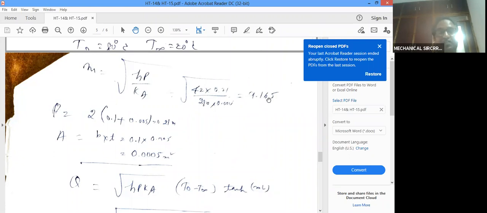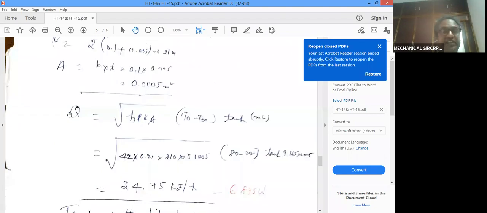Now, how do you calculate the heat transfer rate Q? Q is equal to, by using this formula, assuming the pin is insulated at the tip, square root of hPkA into (T naught minus T free stream) into tanh mL.